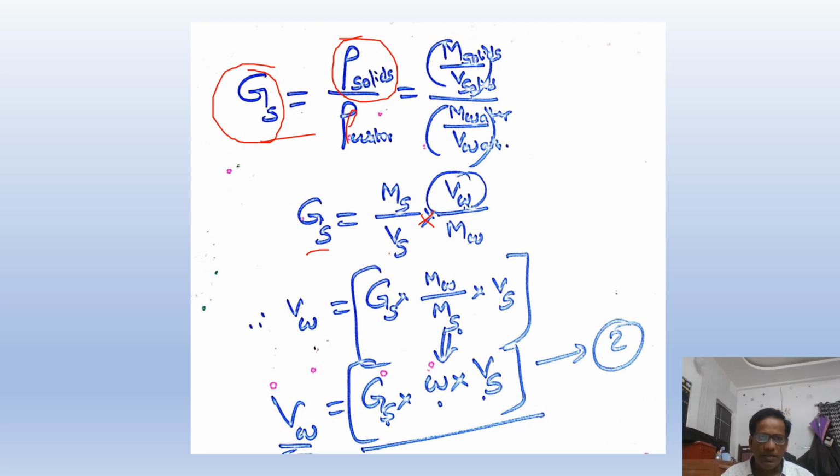We want Vw, so Vw is equal to Gs into Mw by Ms, that is, mass of water present in soil by mass of solids, into Vs. Mass of water by mass of solids we can write as water content. So now Vw is equal to Gs into w into Vs. This I can write as equation number 2.